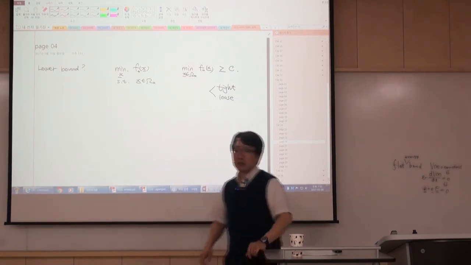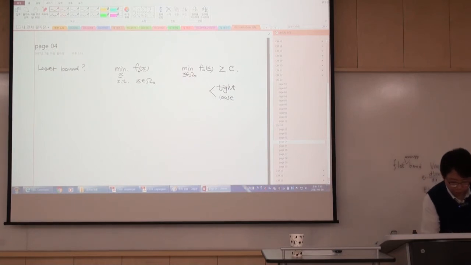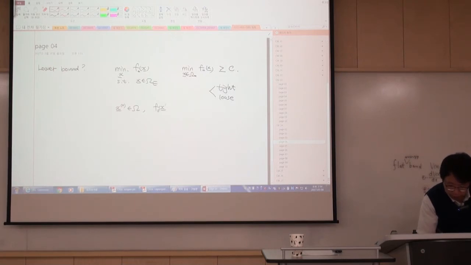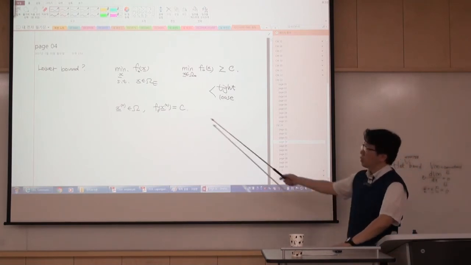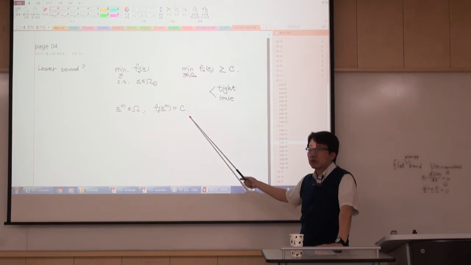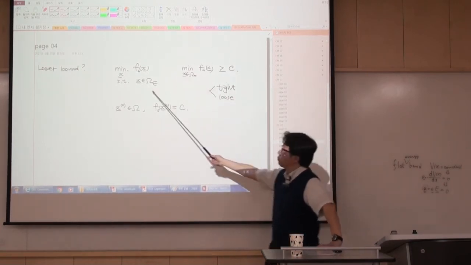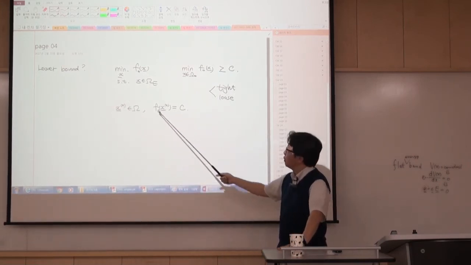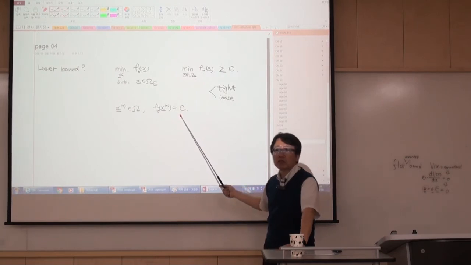Now, what would be the best case? The best case is like this. You find some x0 that is feasible. You find x0 that is feasible and find that when you evaluate at this x0, the objective function value is C. What does that mean? Suppose you have proven this, given the problem. Now somehow you also find x0 that happens to have the objective function value equal to C. What can you say?